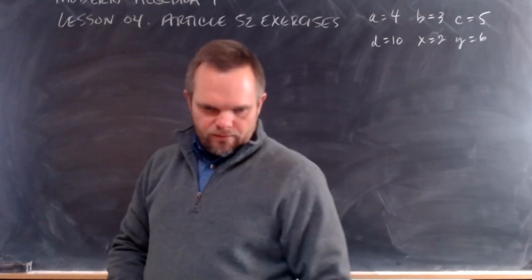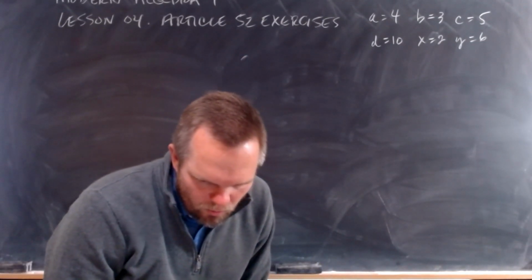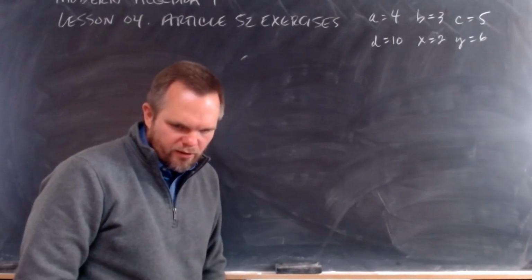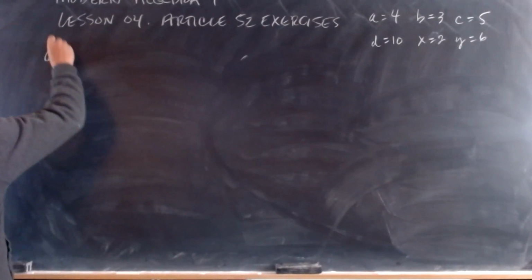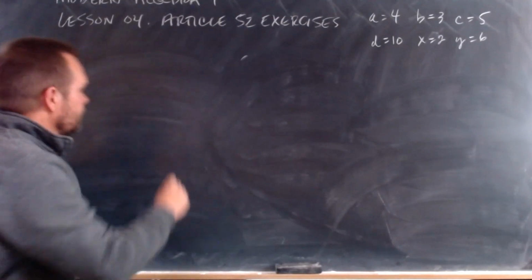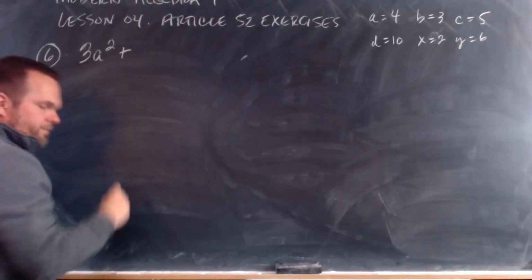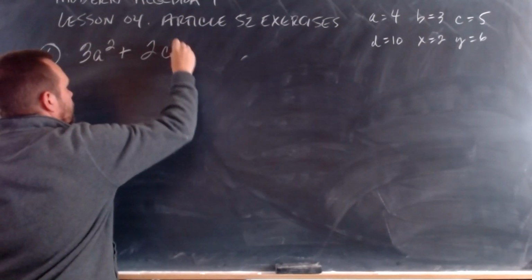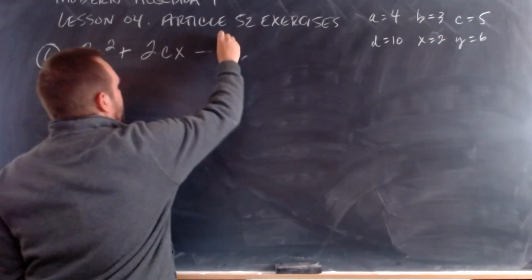Moving on. Problem number 6. I think that says 3a squared plus 2cx minus b to the 3rd power. This is number 6. Problem 6. 3a squared plus 2cx minus b to the 3rd power.